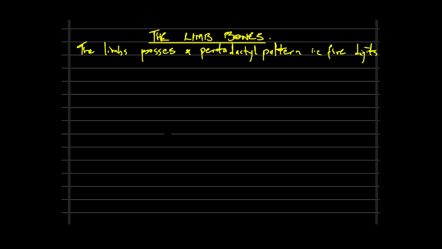Pentadactyl means 5. So on the hands we have 5 fingers, on the legs we have 5 toes.